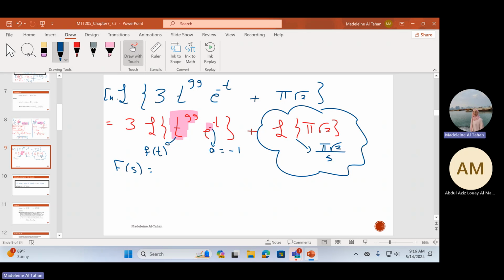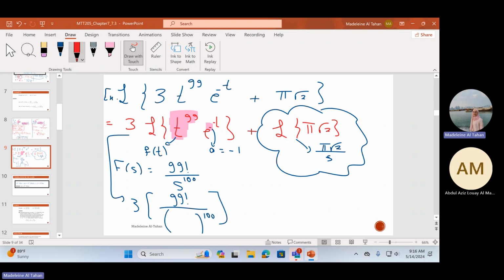Okay, what's this one, 99? Right? So what will be this one? 99 factorial stays the same, power 100 stays the same, but we will put s minus (-1), which is s plus 1, and this one we've copied the same. So it will be 5 and 2 over. This will be our final answer. Do we have any questions?